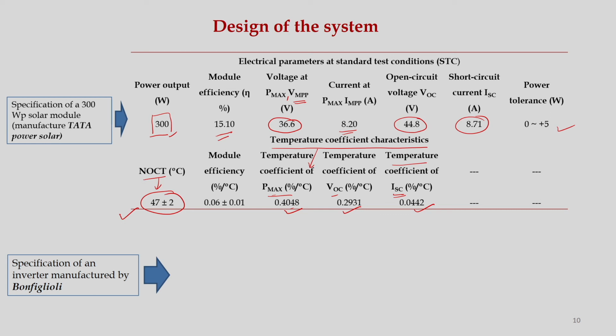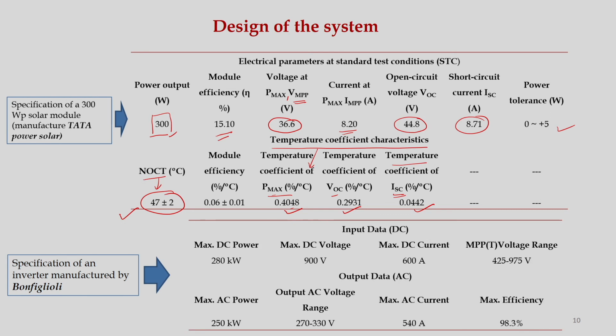Let us also learn about the specification of an inverter. In case of an inverter, we can consider this inverter manufactured by Bonfiglio. Here DC power input is 280 kilowatt, maximum DC voltage is 900 volt, DC current is 600 ampere, and the MPPT voltage range is 425 to 975 volt.